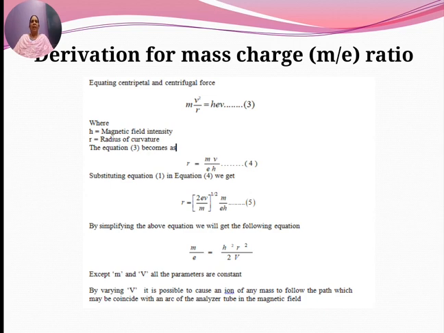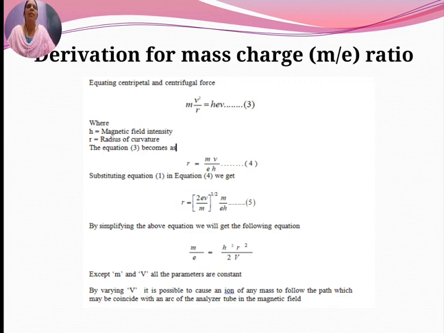So substituting the value of v from equation 1 into equation 4, we get r is equal to square root of 2eV by m into m by eH. So this is equation 5. By simplifying the above equation, we will get the relation.